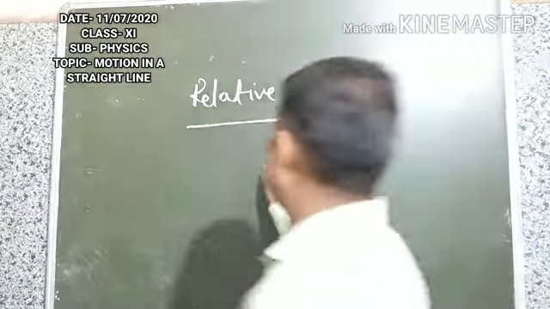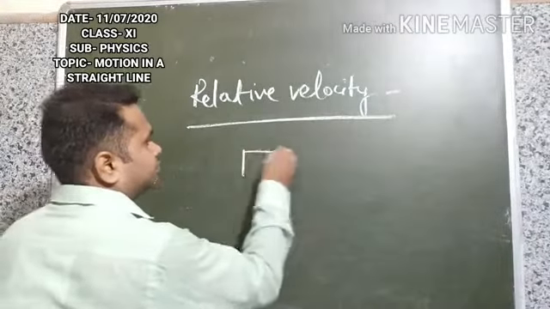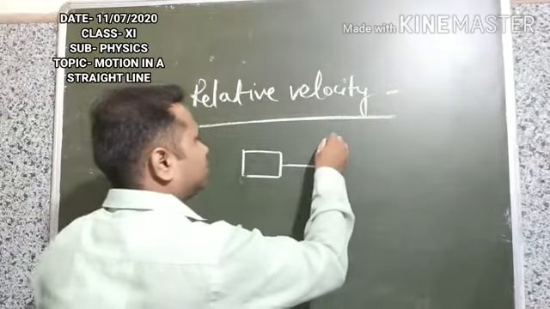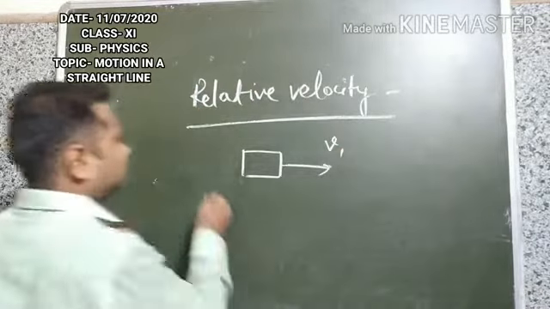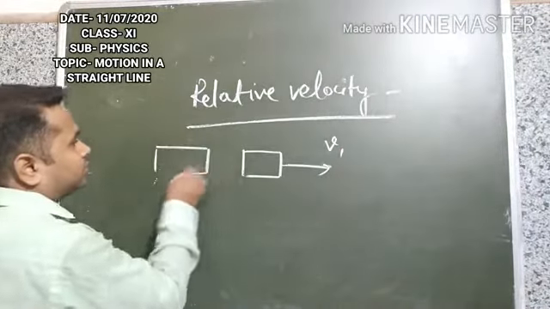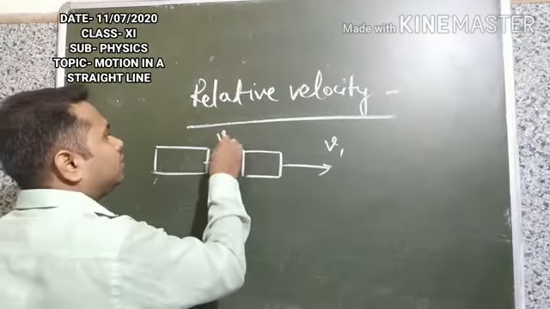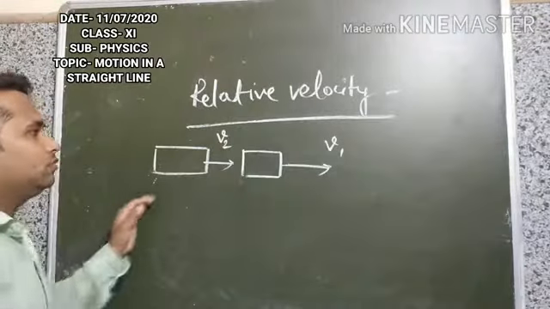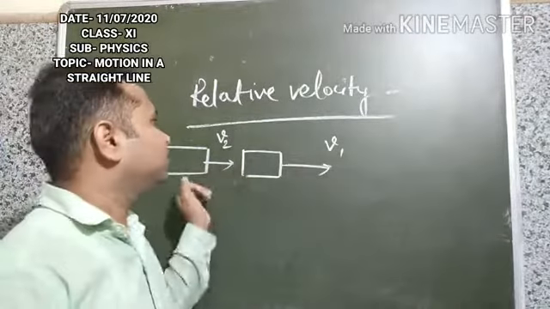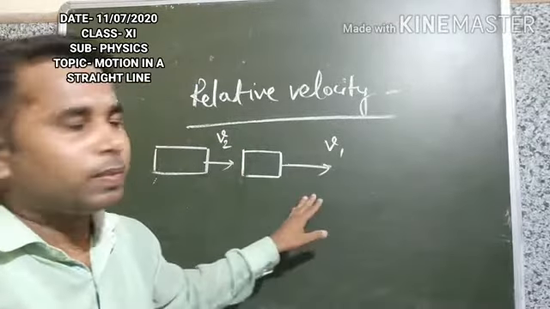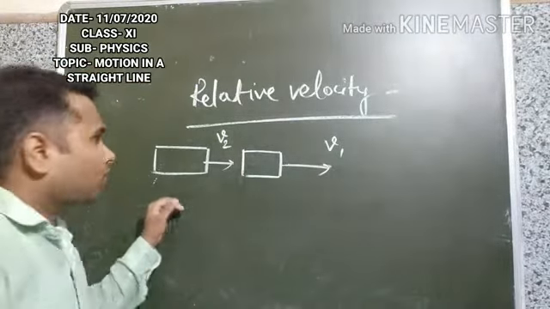See here, this is object 1 moving with velocity v1, another object moving along the same direction with velocity v2. They have their constant velocities v1 and v2. Both are moving in uniform motion with different velocities v1 and v2.